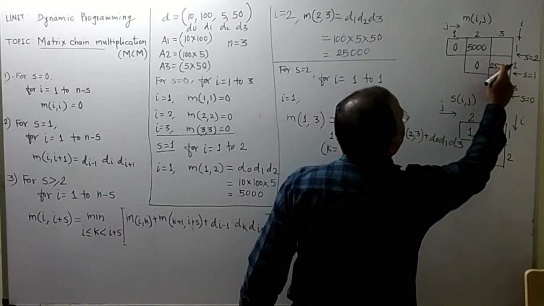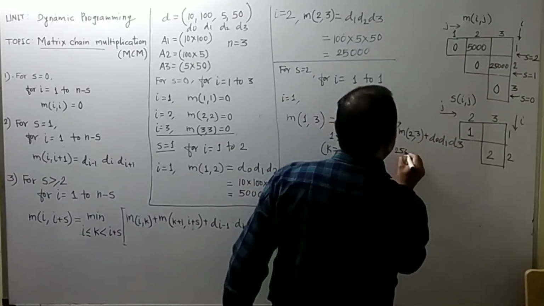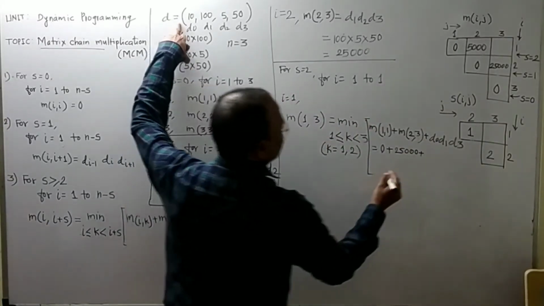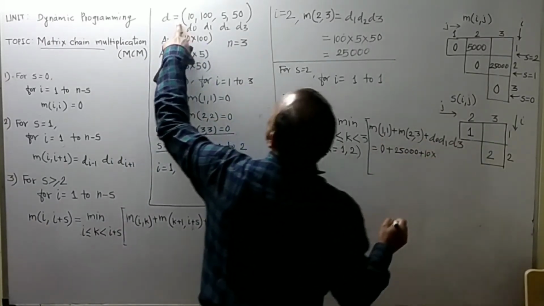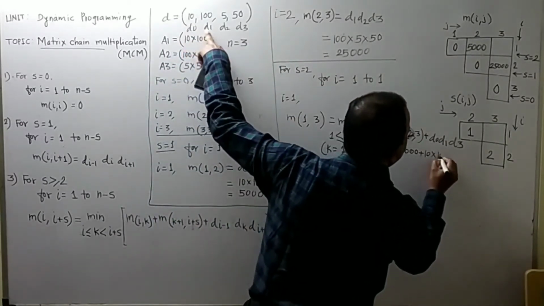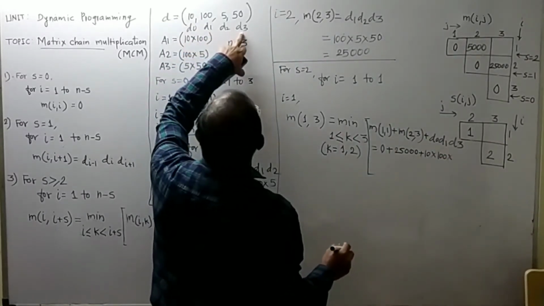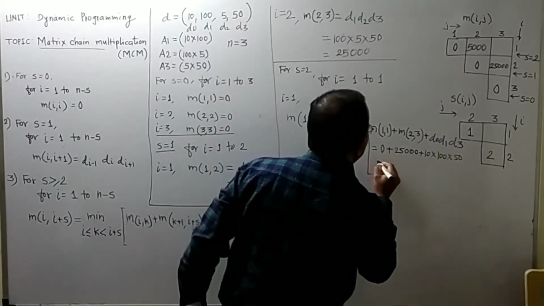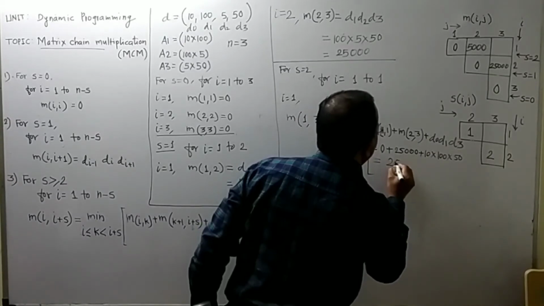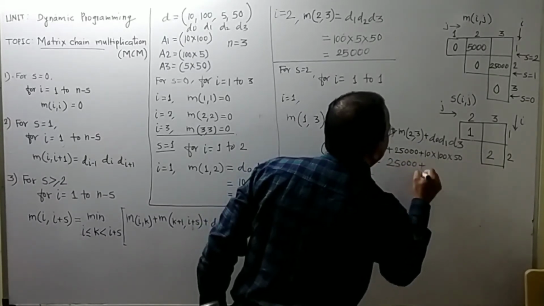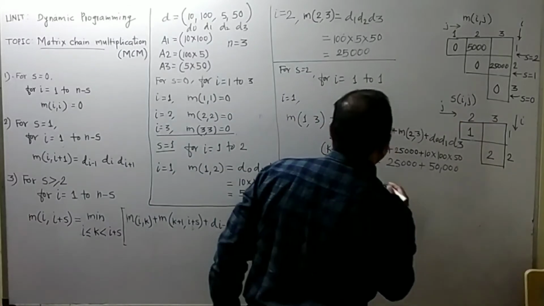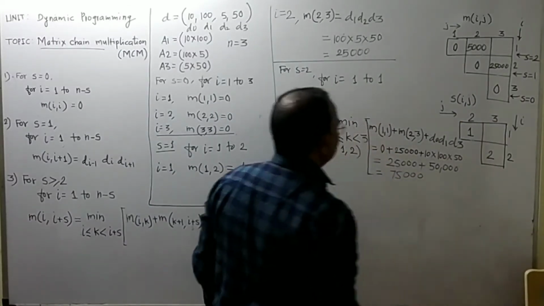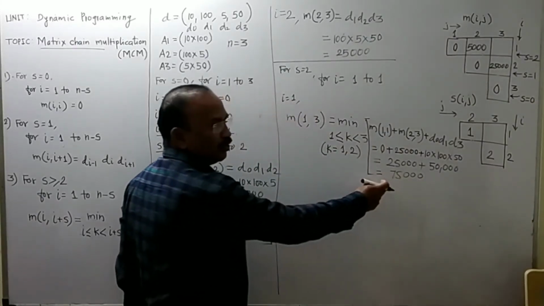M23 is 25,000, plus d0, which is 10, d1 is 100, d3 is 50. This is equal to 25,000 plus 50,000, which comes to 75,000. Now this is for k is equal to 1.